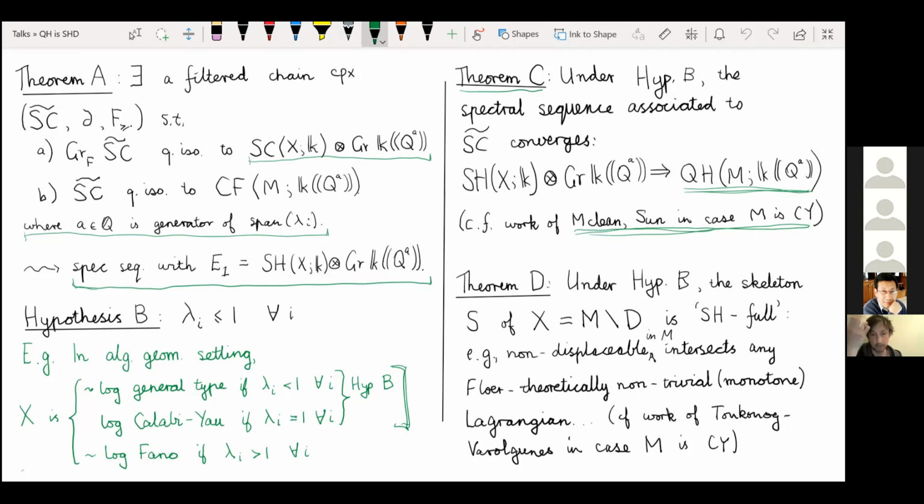Yeah, that's exactly. I think that's sort of our approach with Maxim to Fukaya categories with singular Lagrangians, which is probably related to your work with Borman.